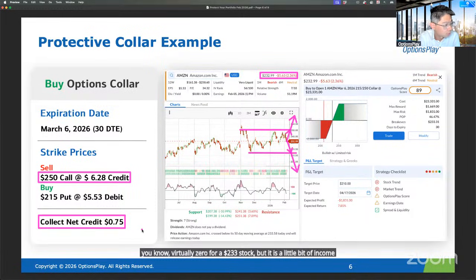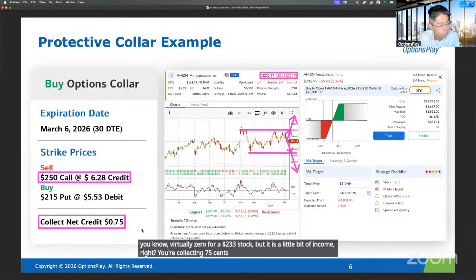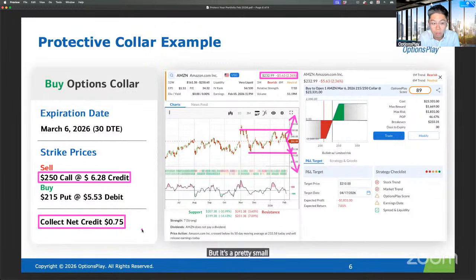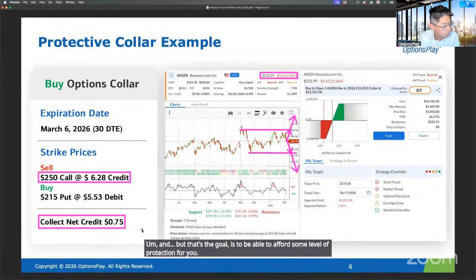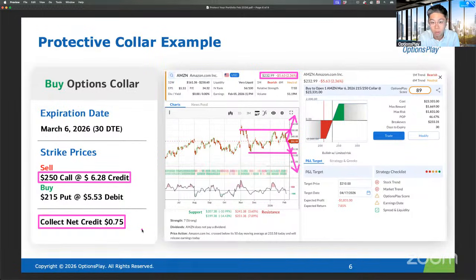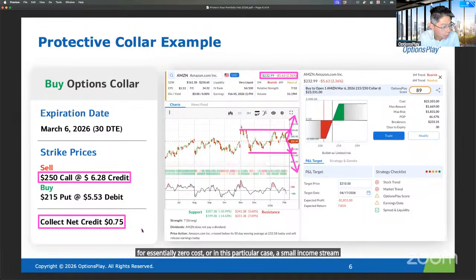You're collecting 75 cents here on a $233 stock. It's not nothing, but it's a pretty small percentage of your holdings. But that's the goal, to be able to afford some level of protection for essentially zero cost, or in this particular case, a small income stream that you're going to collect.